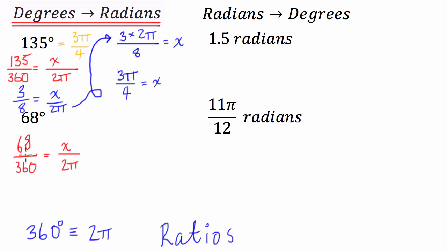We then simplify this 68 over 360. 2 goes into both. It's going to be 34 on 180. 2 goes into both, 17 over 90. Okay. So this is going to be 17 over 90 equals x over 2 pi.